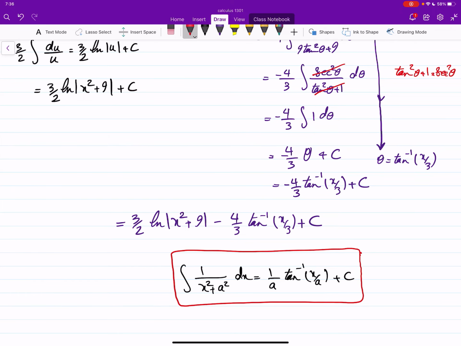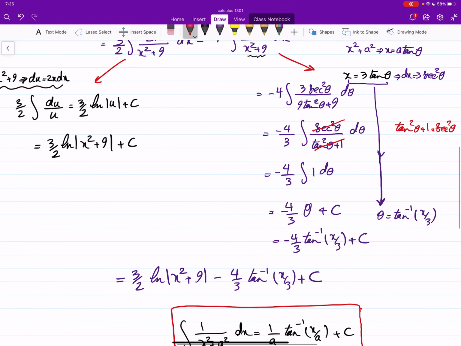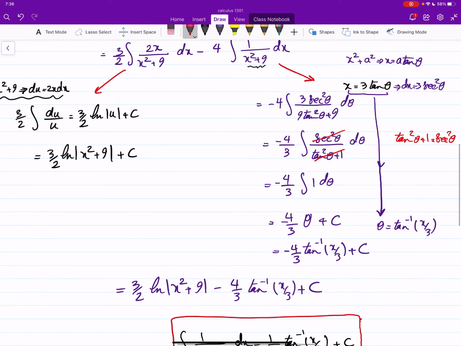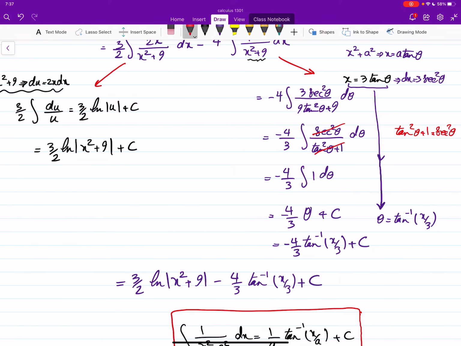Okay, so you see, we first get rid of x, generating the derivative of the quadratic part and separating it, and then for the right hand side, here we didn't need to complete the square, but then we use the trig substitution.